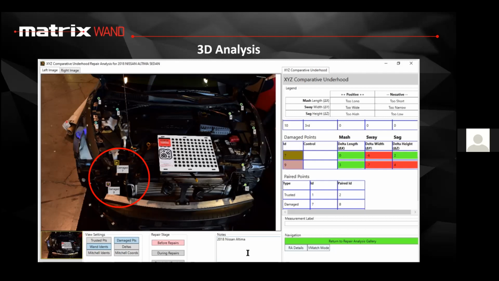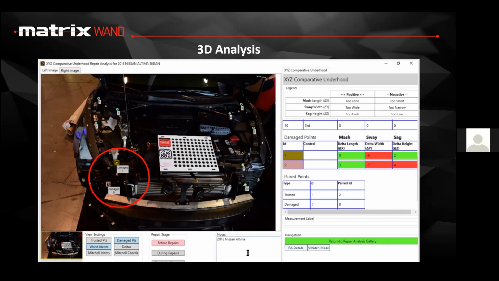So now we know there are no visual indicators necessarily on the car. We can't see any stress points or marks or damage at point number 9 or point number 7. There's nothing for me to take a picture of or show an adjuster. I just know I'm going to have trouble fitting those parts after the repair process if I don't address this now. So by providing documentation, I can send this to an insurance adjuster and say, look, these definitely need to be addressed.